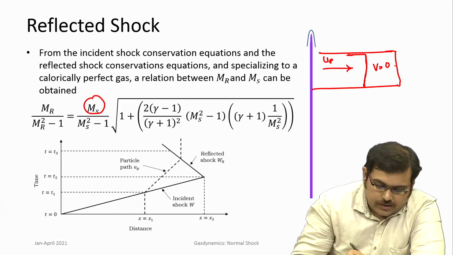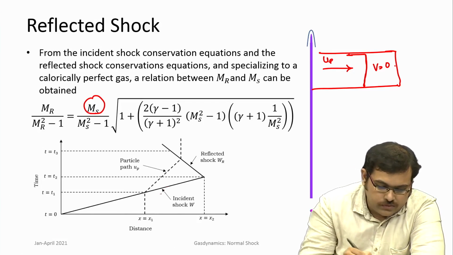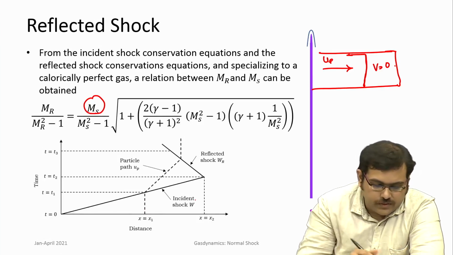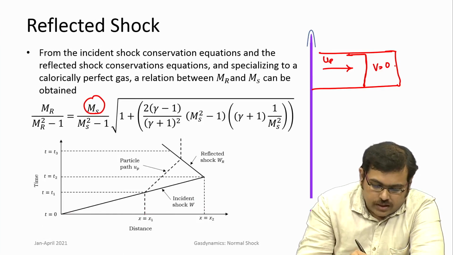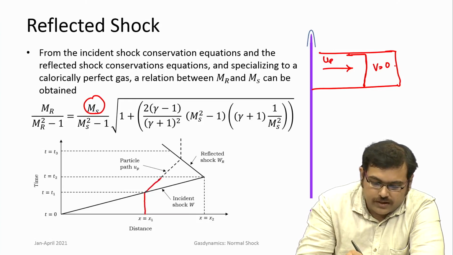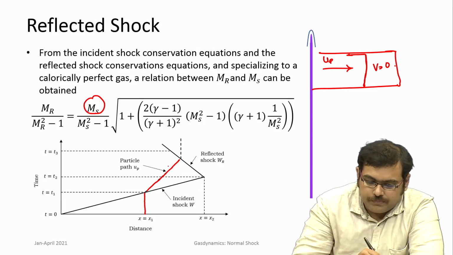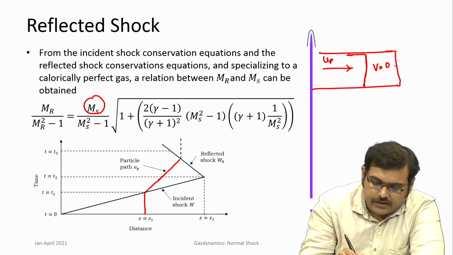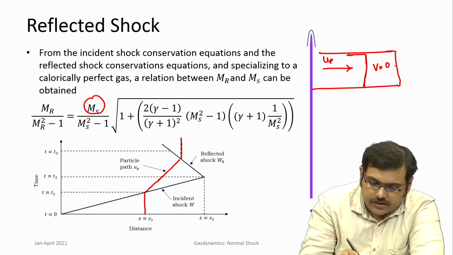But if you draw the motion of the particle in an x-t diagram, that is its location in x versus time, then before the shock arrives it is not moving, right, and the moment the shock arrives, due to the induced gas motion it starts moving with a speed Up, and the moment the shock reflects and comes back and meets the particle, after that it becomes stationary again.